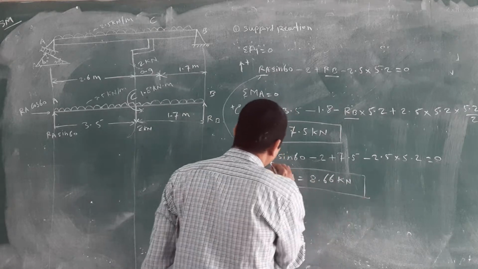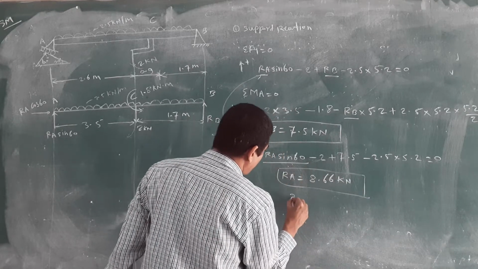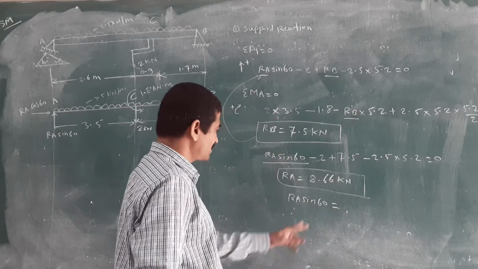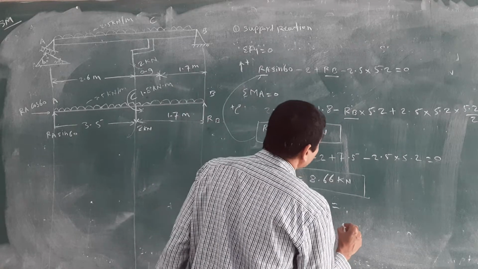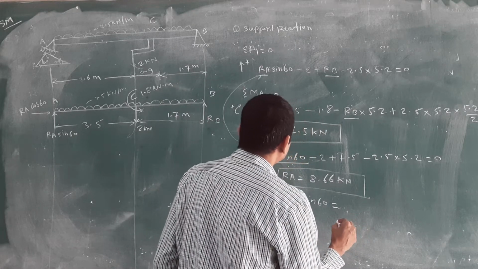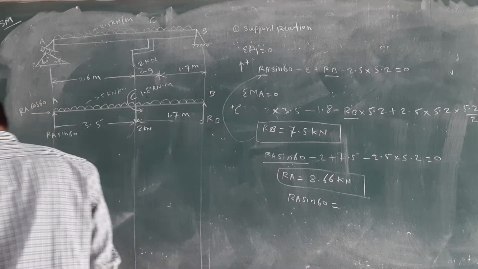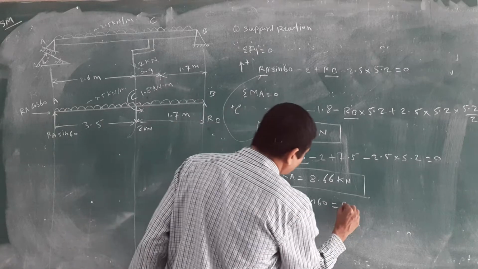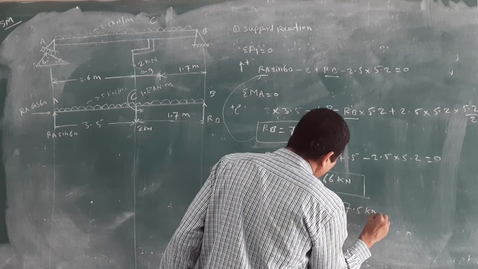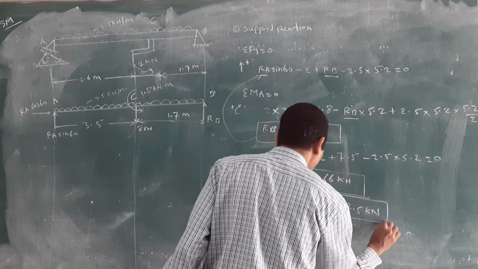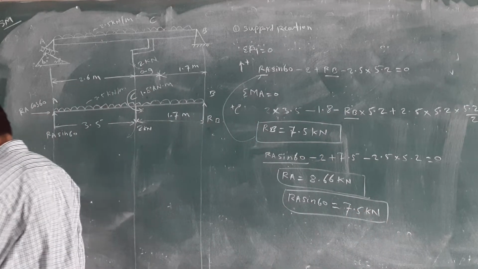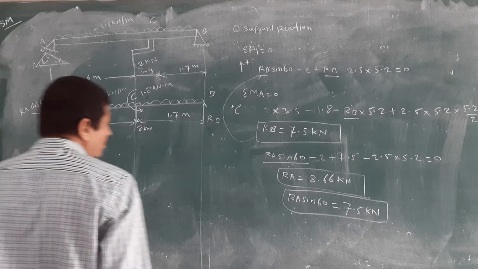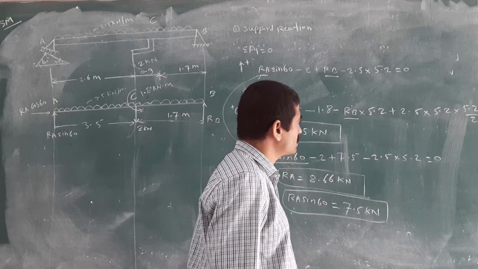Ra sin 60, sin 60 is root 3 by 2, so you will get Ra sin 60 equal to 7.5 kilonewton. Both values will be the same.